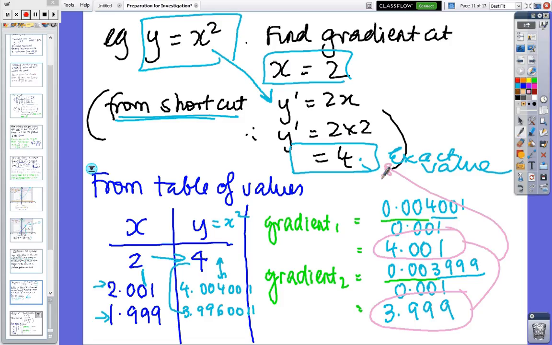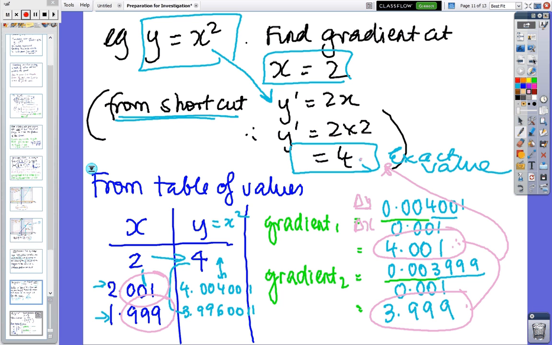Using h equals a really small number, we're getting a close value to the instantaneous gradient, which is exactly 4. And if we went smaller and smaller, we'd get closer and closer to 4, squeezing from both sides. So that's how you do it with the table of values. Really small above, really small below, and then just do a change in y over a change in x, and then you'll squeeze the value in between the two.